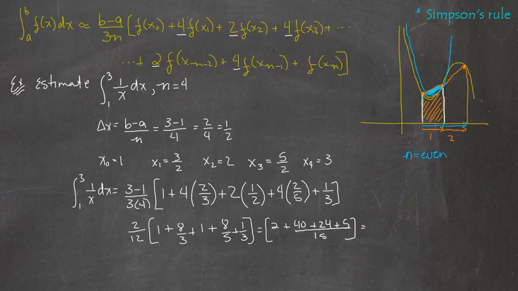So what is that? Whoops, I forgot to write the 1/6 here. So 1/6 times 2 plus 40, 64, 69. Well, I can at least do some reducing with 69 and 15 before I start combining. So 69 divides by 3, leaving 23, and 15 divides by 3, leaving a 5.